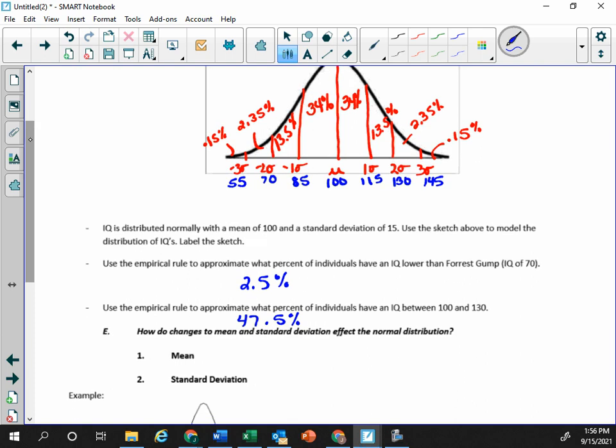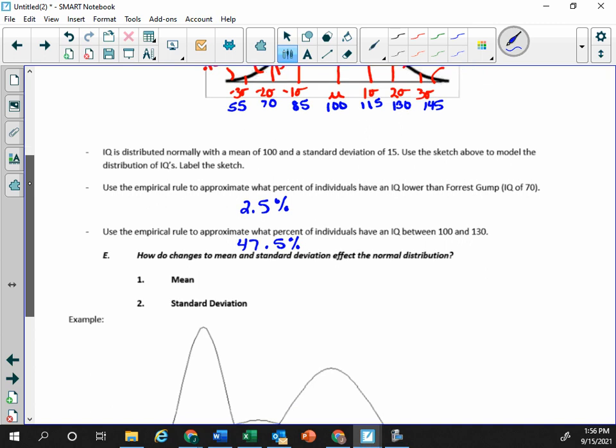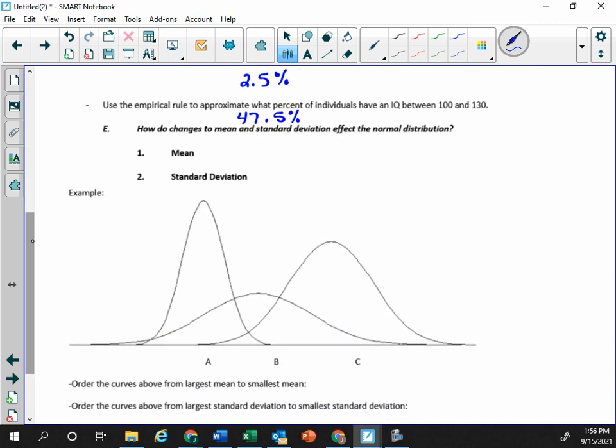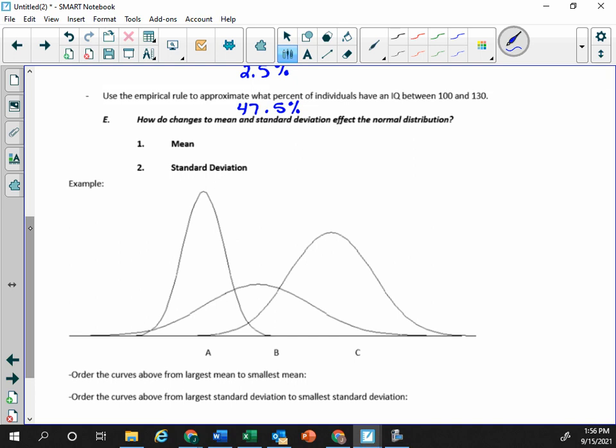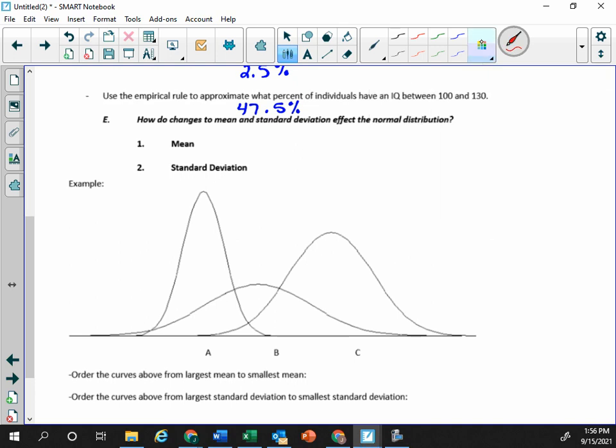All right, so we're going to talk about the mean and the standard deviation of your normal distribution. If it is a normal distribution, the mean, remember which is mu, is always the peak of the normal curve.